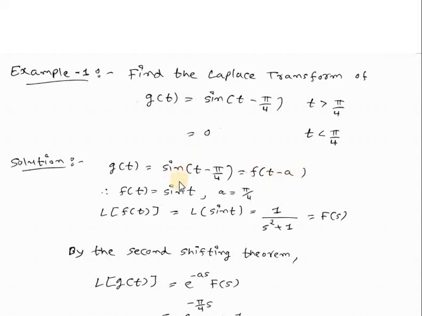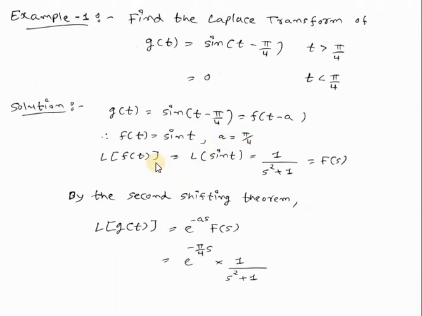So here f of t is equal to sine t and a is equal to pi by 4. So Laplace of f of t is equal to Laplace of sine t, which is equal to 1 divided by s square plus 1, because Laplace of sine at is equal to a divided by s square plus a square. So here a is 1. So this is our f of s.